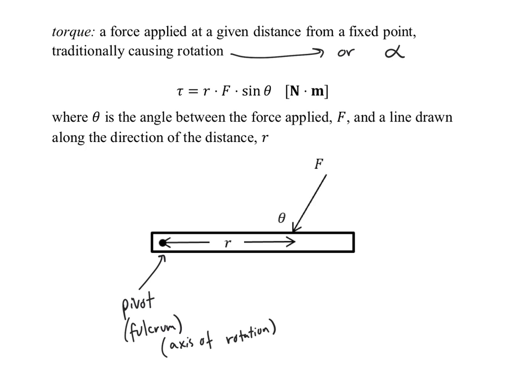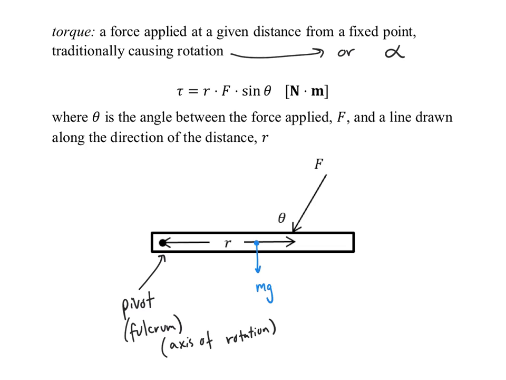And we know that the force applied in this diagram is an applied force at an angle. And this is the applied force acting on this object, and this is the distance from the actual fulcrum. Now, if we were actually analyzing this as a true diagram, we'd also have to indicate wherever the center of mass is. And if this rod is uniformly distributed, then the center of mass would be right at the center, and there would be a second force acting there, mg.